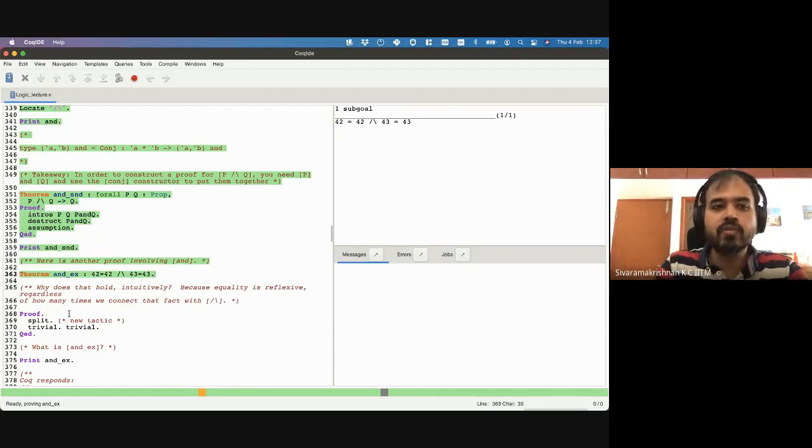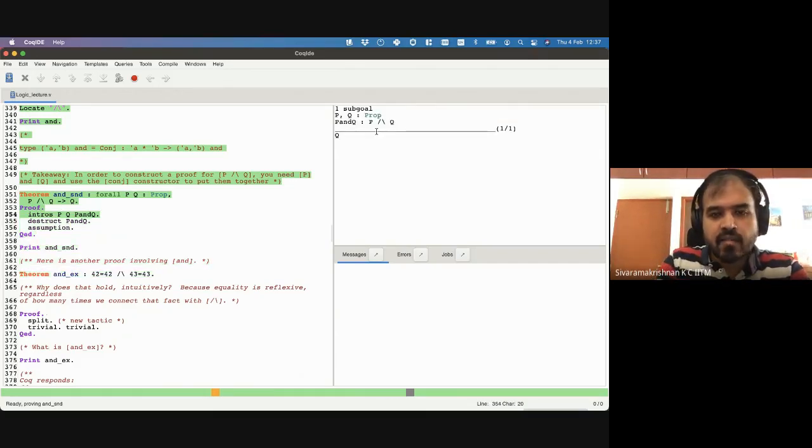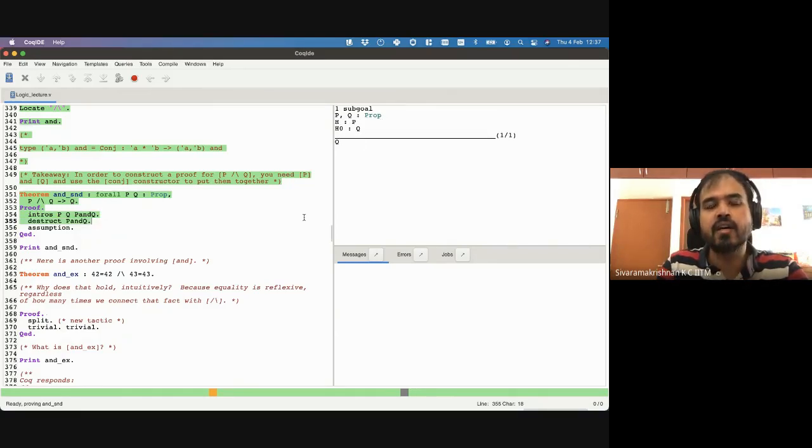So how do you actually prove this? The thing that we did here, right? We had a conjunction in the assumption and we had to use a destruct tactic to get the two sub-evidences that were present in the conjunction.